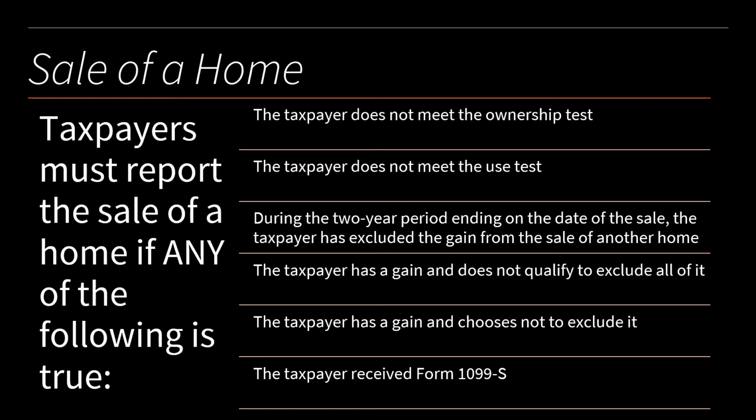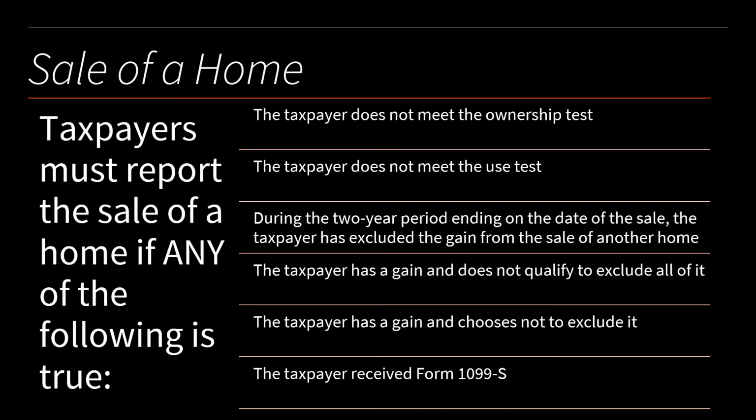Also, if during the 2-year period ending on the date of the sale, the taxpayer had excluded gain from the sale of another home, we're going to be reporting the sale of this home. And if the taxpayer has a gain and does not qualify to exclude all of that gain, then the sale needs to be reported on the return. And the taxpayer may have a gain and choose not to exclude it, in which case we would definitely need to be reporting this sale.